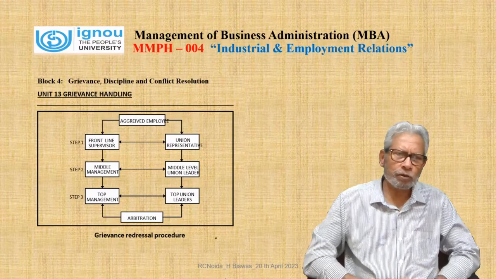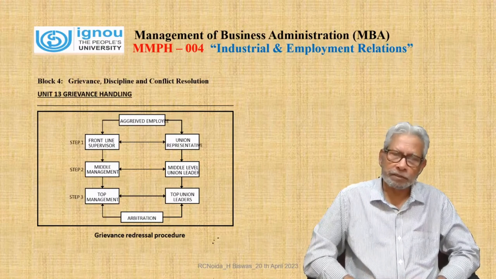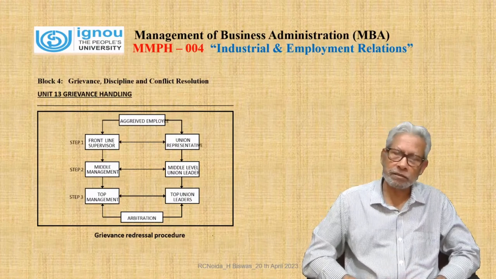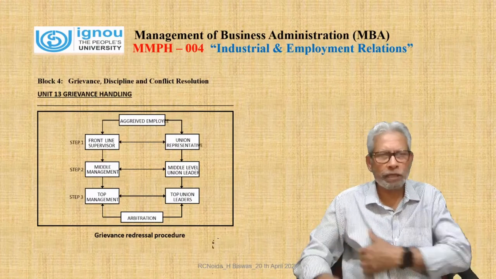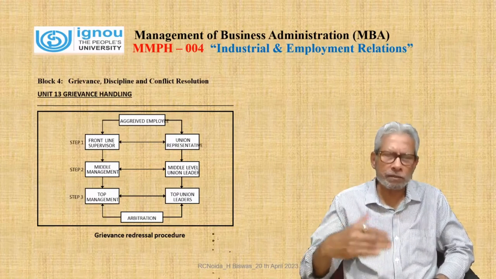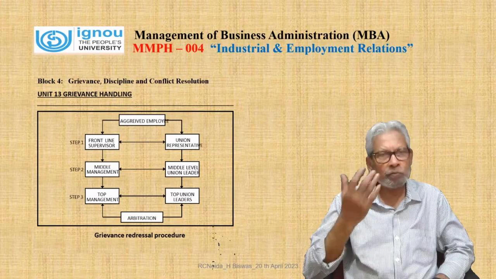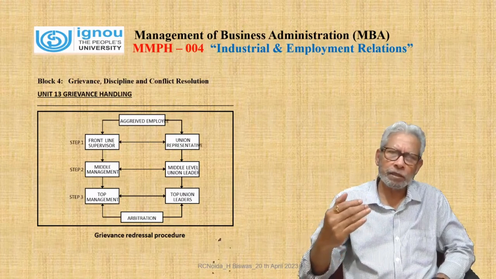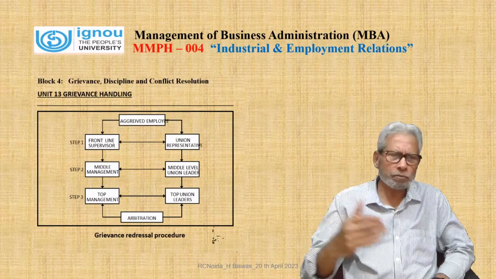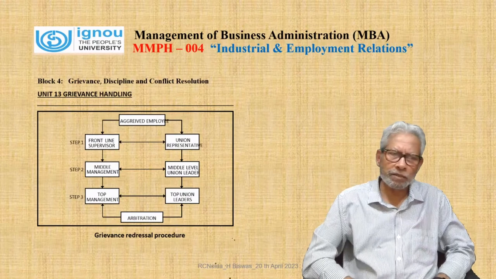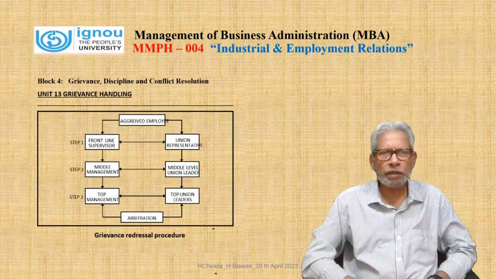The second step is the middle management and the middle-level union leaders. In the union also there is a hierarchy: some work levels, some policymaker levels, and some union members who may be the leaders. So there are many levels. If the matters relate to middle management, then the middle-level union.